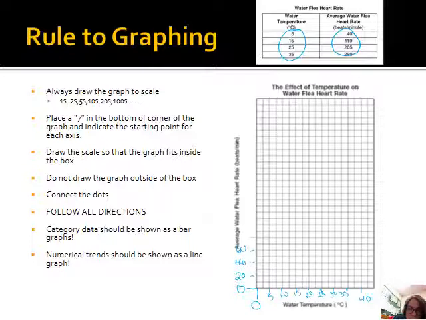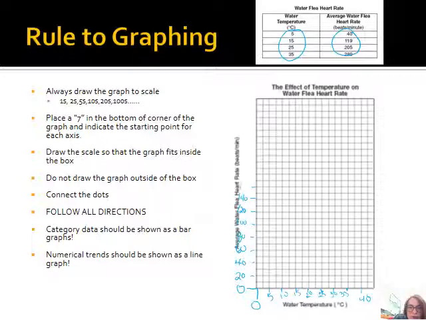Now, it's very important that you do your graph in pencil because sometimes you might think that you have an awesome scale and then you get all the way to the top and you see that you don't have enough boxes. I've seen some pretty interesting things done on the day of the Regents.